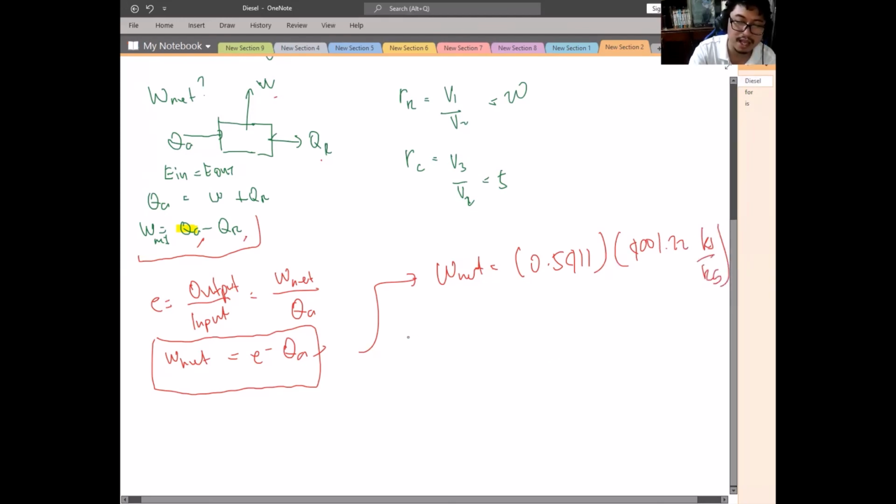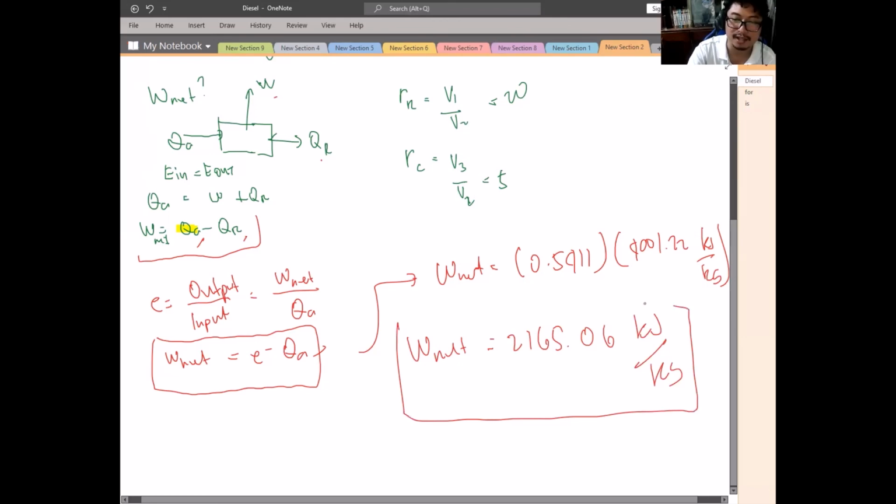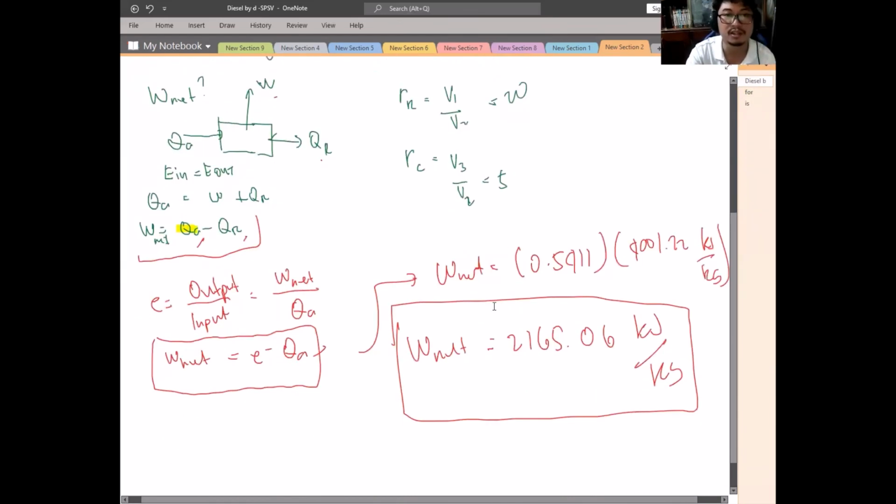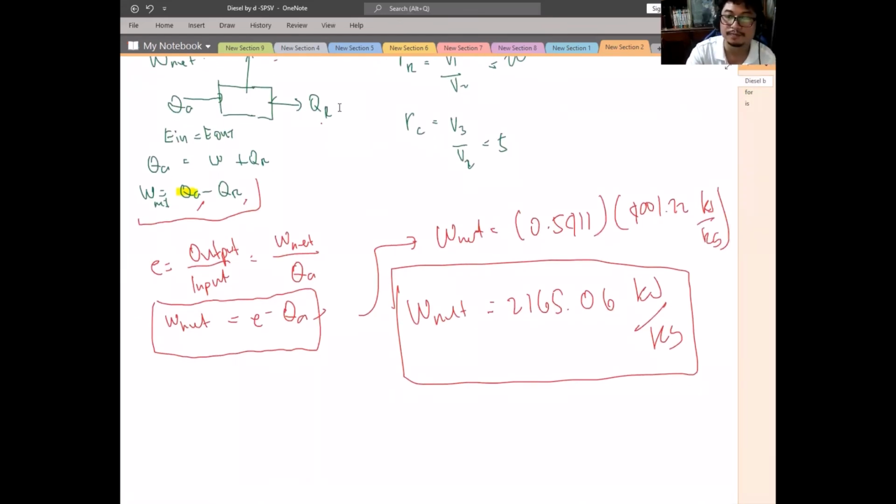So definitely our net work is equal to 265.06 kilojoule per kilogram. And that is the final answer. So thank you po and bye-bye.